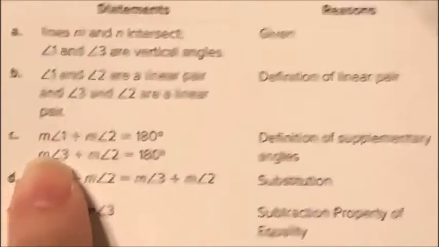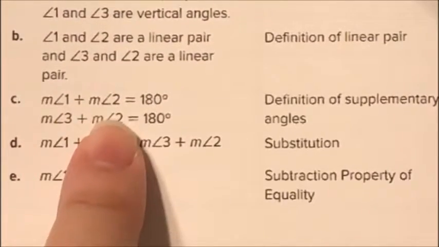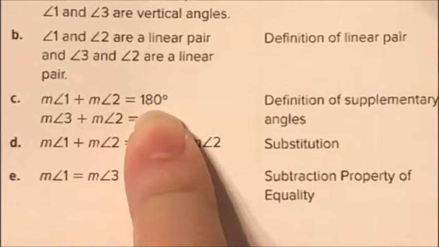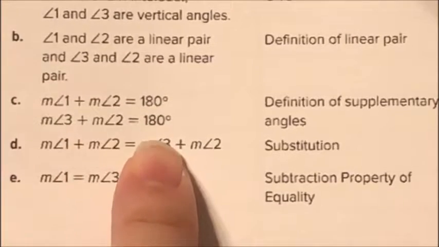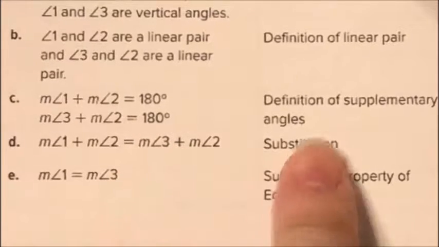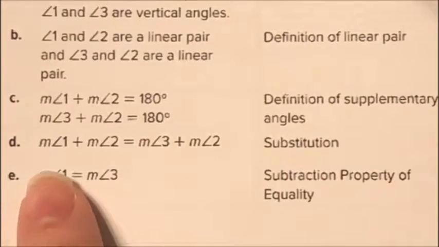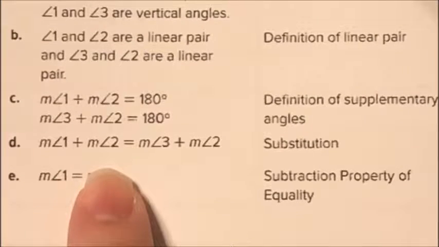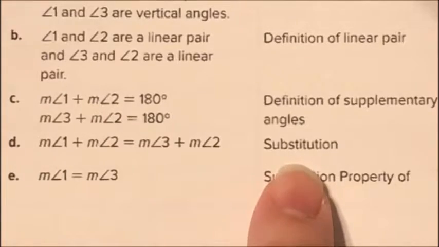In letter C, measure of angle 1 plus the measure of angle 2 equals 180 degrees, and measure of angle 3 plus measure of angle 2 equals 180 degrees, because that's the definition of a supplementary angle. Measure 1 plus measure 2 equals measure 3 plus measure 2. That's substitution.